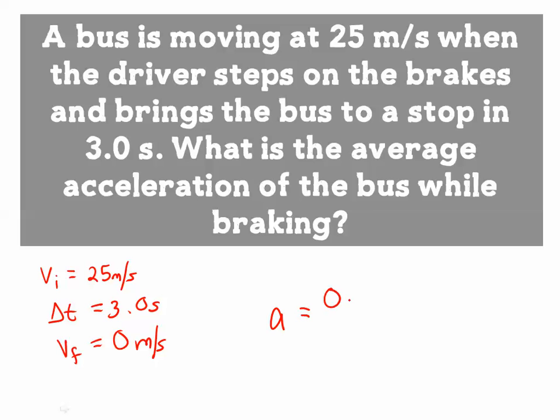We take 0 minus 25 over 3. We get negative 25 thirds, which, if I do the math correctly, is going to be negative 8 point, I believe 8 1/3, so with 2 sig figs, negative 8.3 meters per second squared.